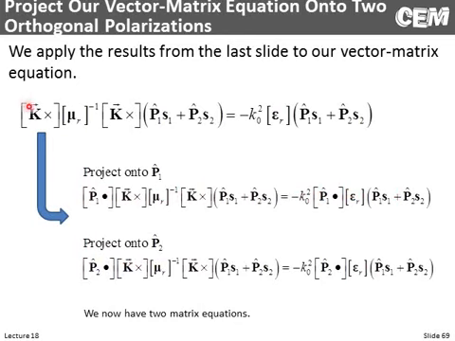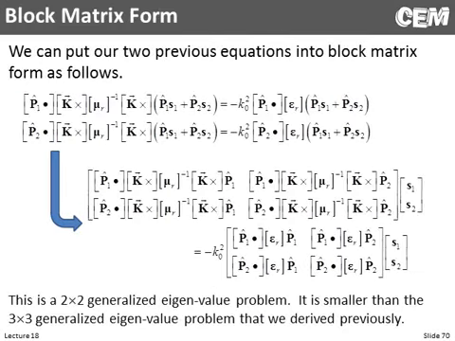So we're going from one 3 by 3 block matrix equation to two 1 by 1 vector matrix equations. We can take these two 1 by 1 vector matrix equations, they both contain S1 and S2, and we can write these in block matrix form. And in fact, this is our final matrix eigenvalue problem.